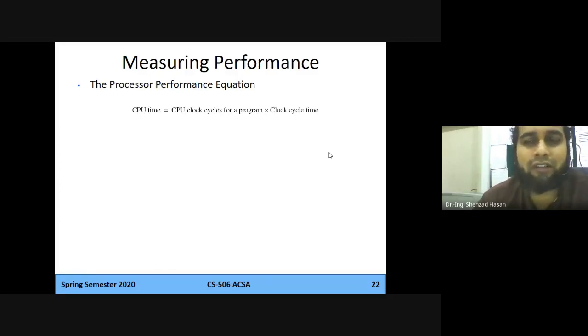For example, if the program takes 10,000 cycles, and each cycle is 100 picoseconds, you multiply 10,000 by 100 picoseconds, and that's your CPU time, or the time taken by the program.